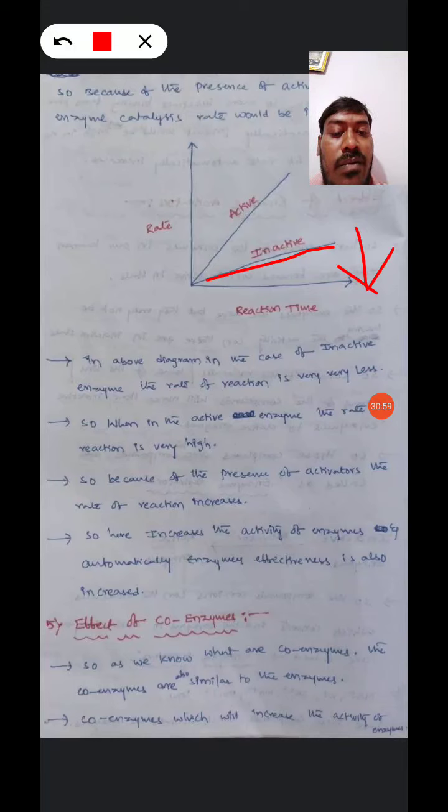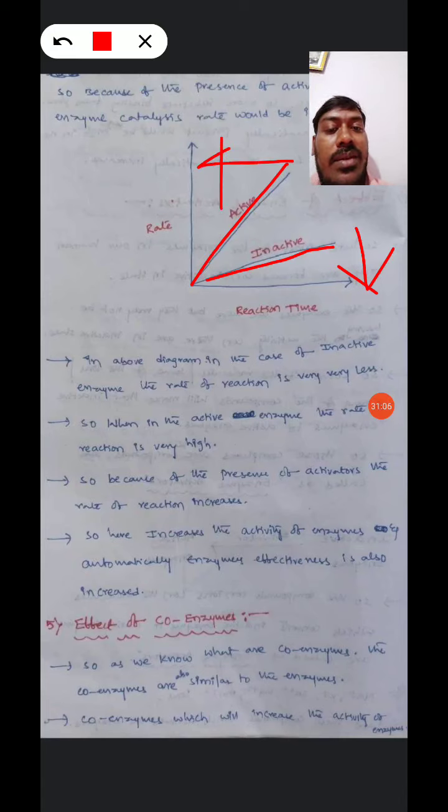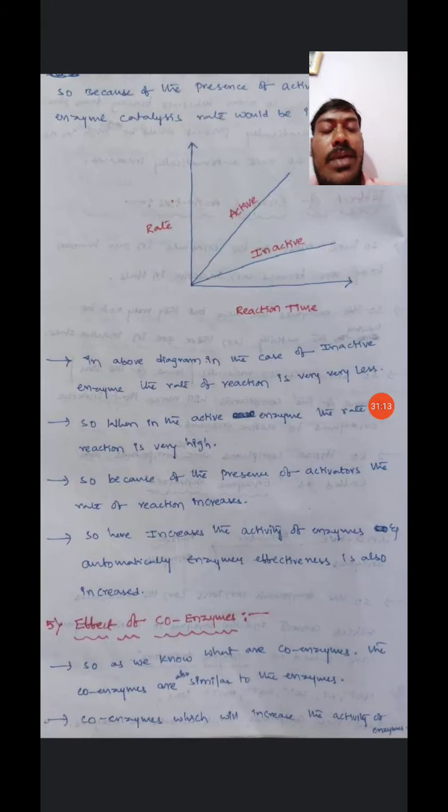When the enzyme is active, the rate of reaction is very high. Because of the presence of activators, the rate of reaction increases, which increases the activity of enzymes, and automatically the enzyme's effectiveness also increases.